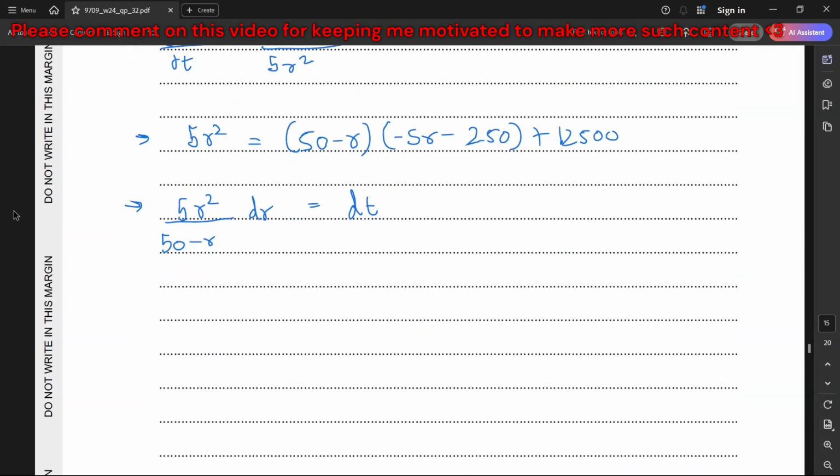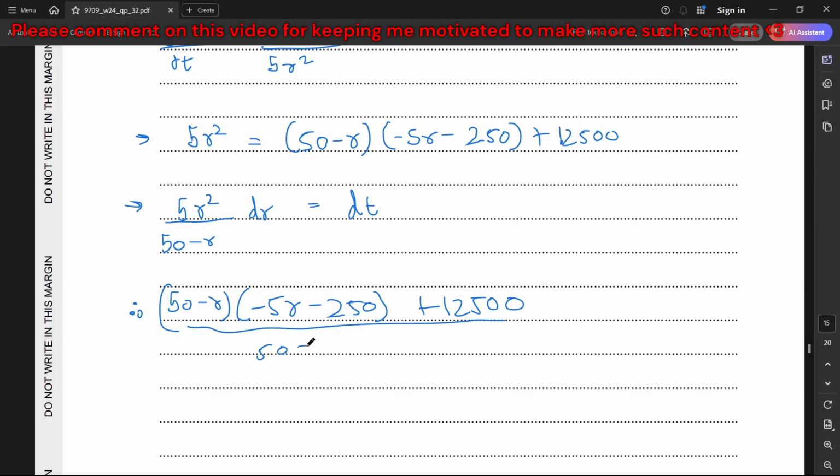Alright, now after this I can say that if I'm dividing my 5r squared with 50 minus r, I am left with this thing. So I'm going to replace my 5r squared with this, and what am I going to be left with? Let me show it to you. Okay, therefore 5r squared is (50 minus r) times (minus 5r minus 250) plus 12500, and this is divided by 50 minus r, and this is equal to dt.